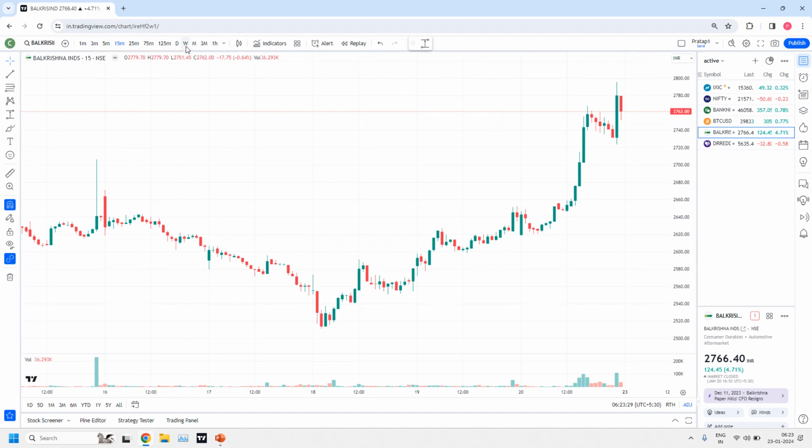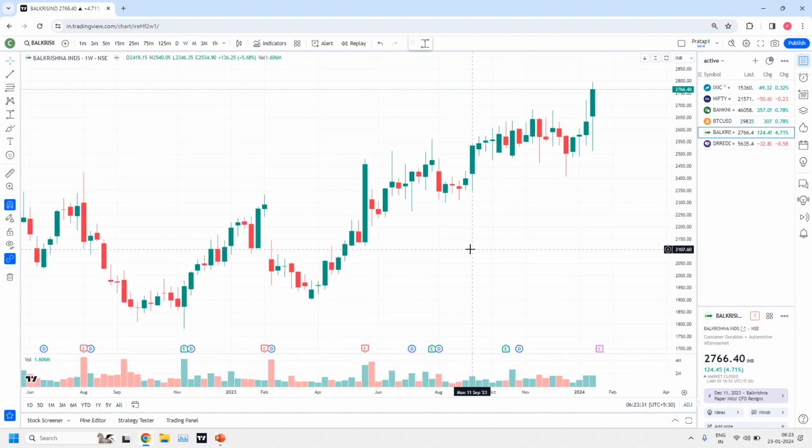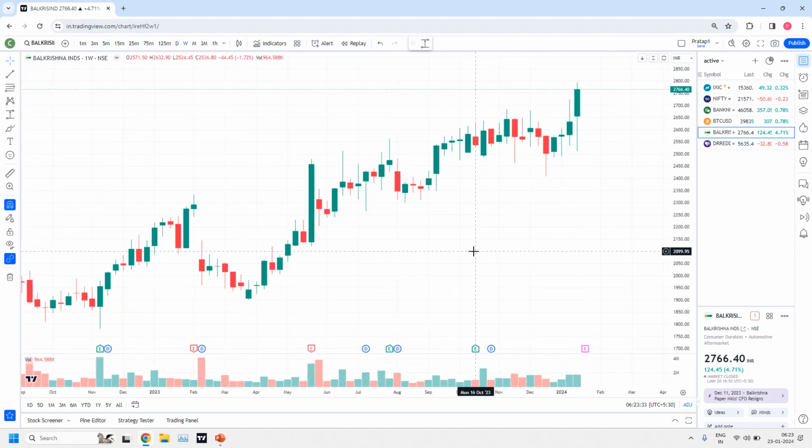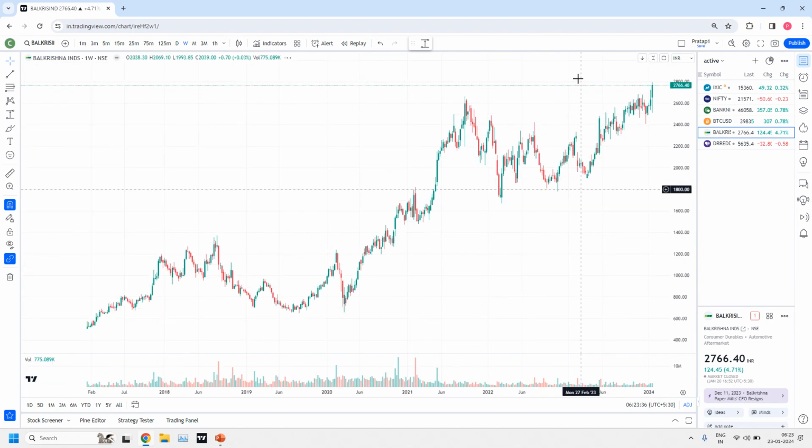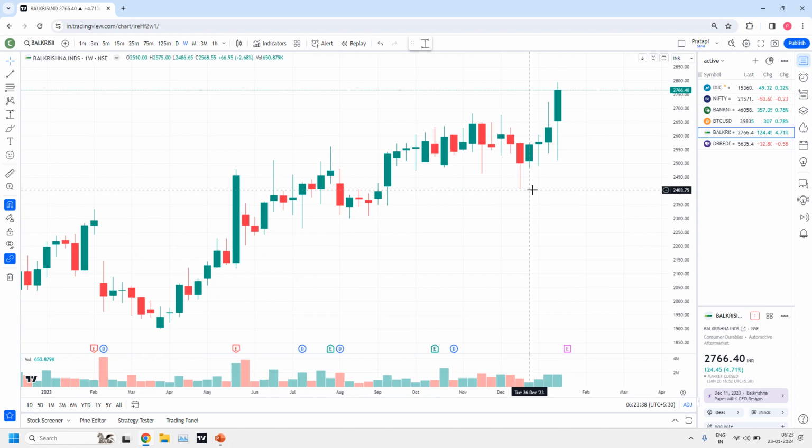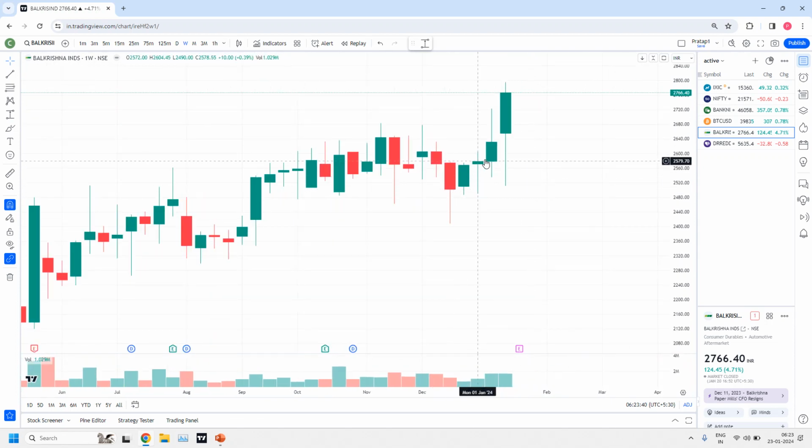Let me show you. Let me go to the weekly time frame. The weekly zone is an all-time high zone because there are no supply zones. We have a drop candle, two base candles, and a leg in. This is an ERC candle.